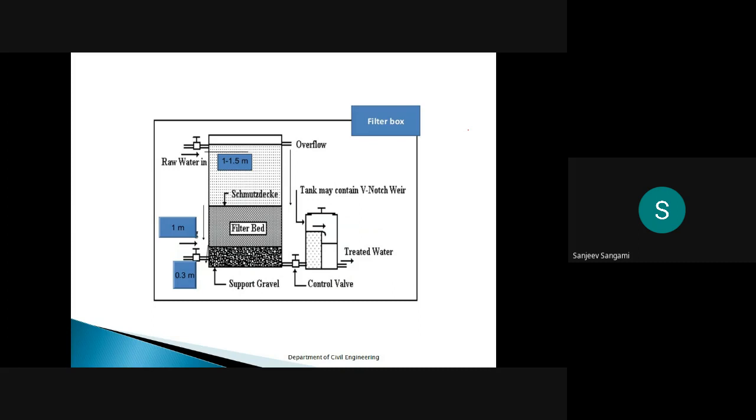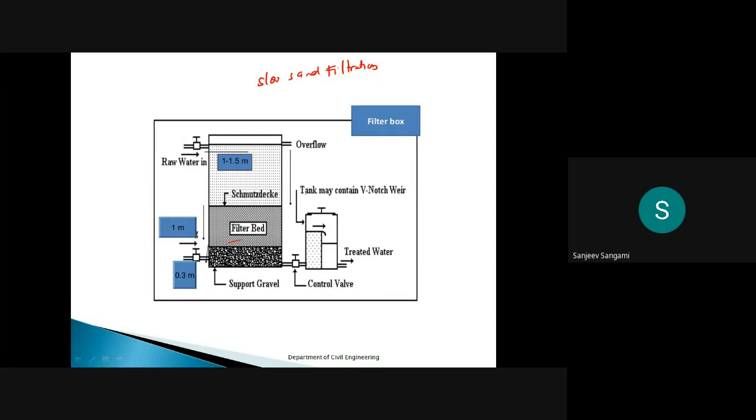So this is the typical filtration diagram. You can see that it is supported with gravel, slow sand filtration. Then above that, as I already explained, a little bit smaller size filter bed. Then this is a skim deck.